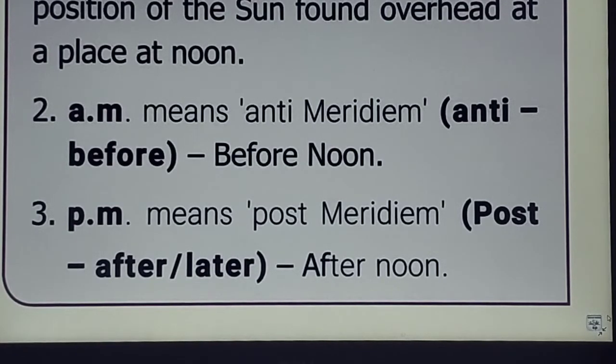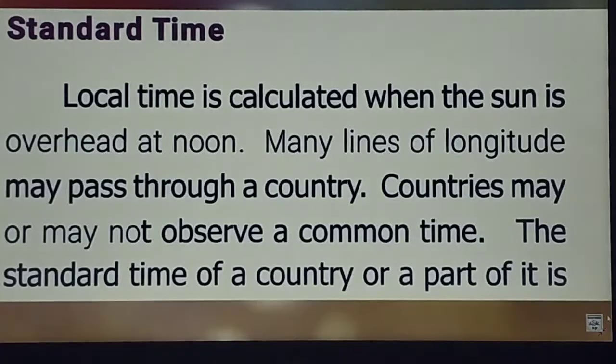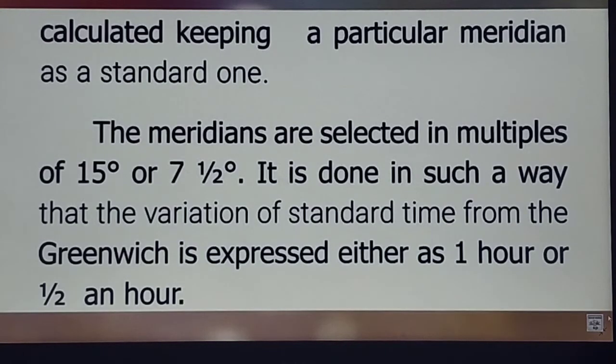Standard time. Local time is calculated when the sun is overhead at noon. Many lines of longitude may pass through a country, and countries may or may not observe a common time. The standard time of a country or a part of it is calculated keeping a particular meridian as the standard one.